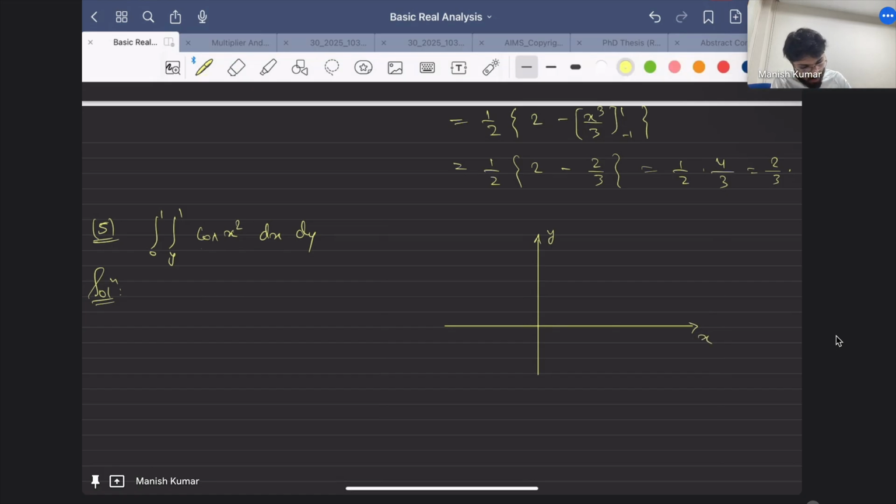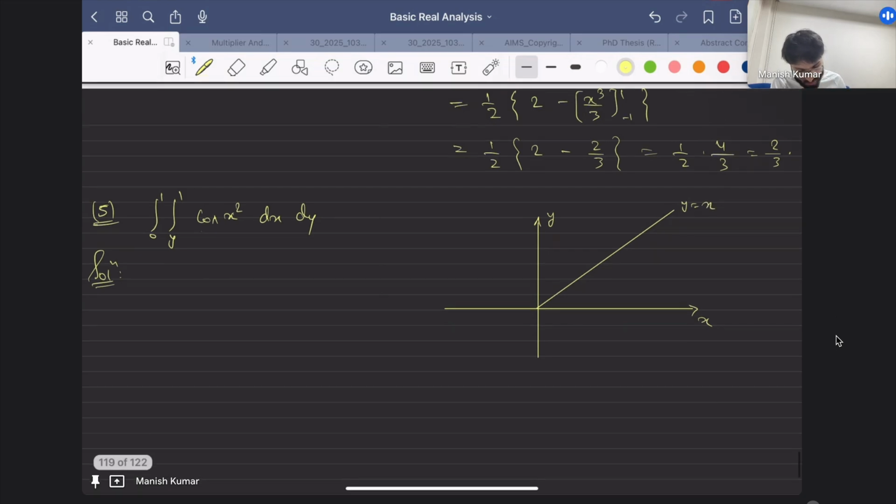So what does this y mean? Like this is the axis, y equals x line, x is equal to y, right? So now x is varying from y to 1. So let me say this is 1, this is 1. It's a vertical line, sir. x is equal to 1. I'm just trying to draw this figure first.